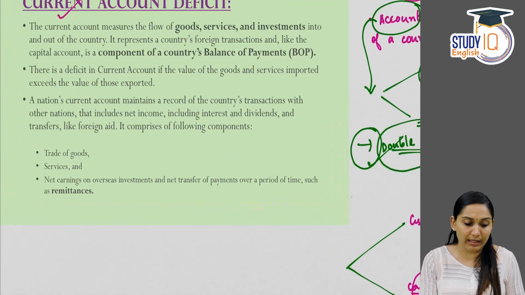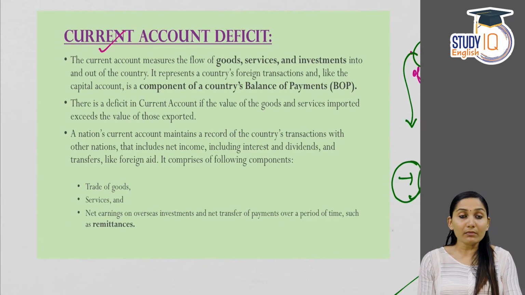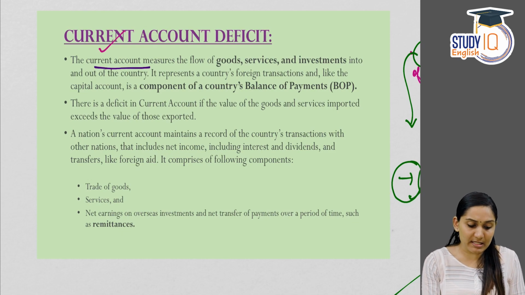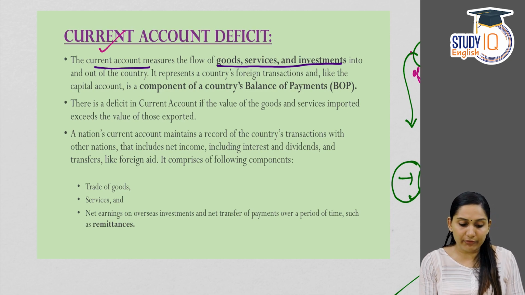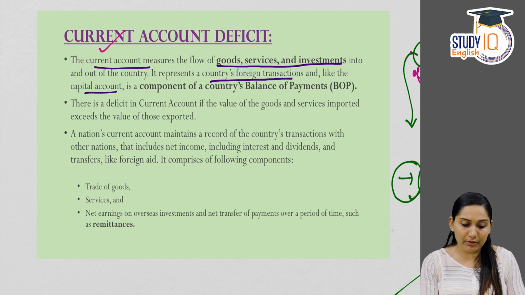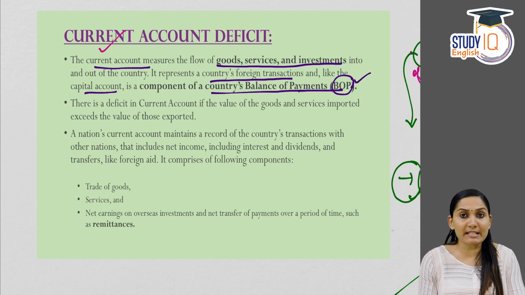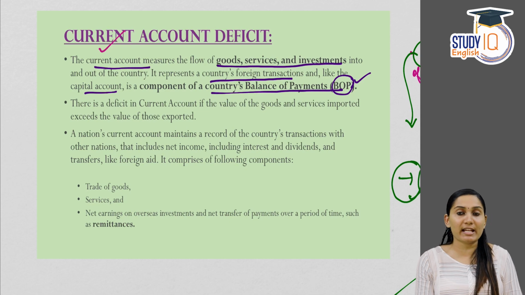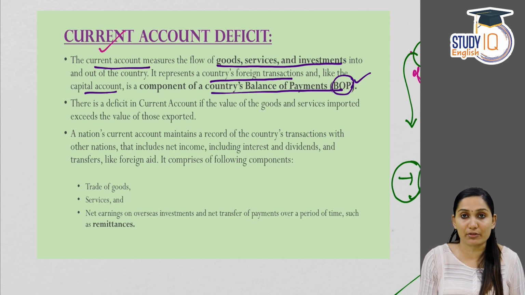Now coming on to current account deficit. Now, current account measures the flow of goods, services and investments into and out of the country. It represents a country's foreign transactions, like the capital account. It is a component of a country's balance of payment. We have already seen balance of payment is a systematic record of all the economic transactions that a country makes with the rest of the world.